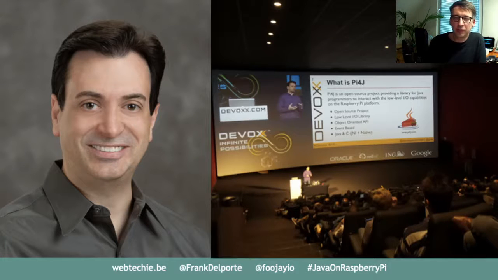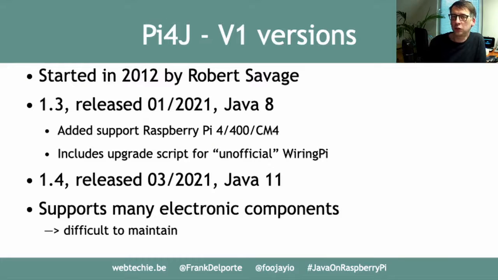So you still have Pi4J as the main project which will help you to interact with electronics from Java. Now Pi4J version 1, actually that is now stopped. So that's done. It got some final releases in 2021, but we're not going to continue with that version.